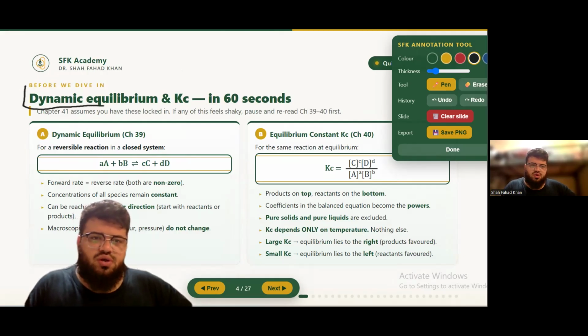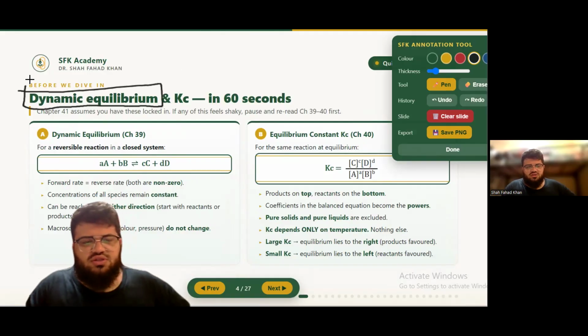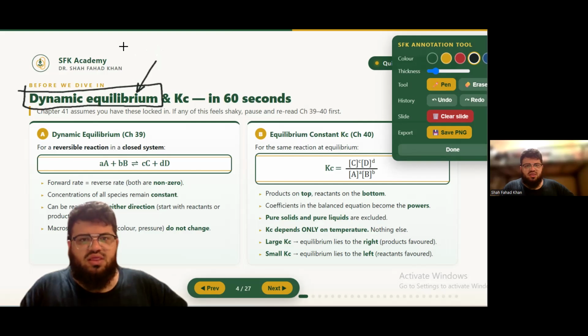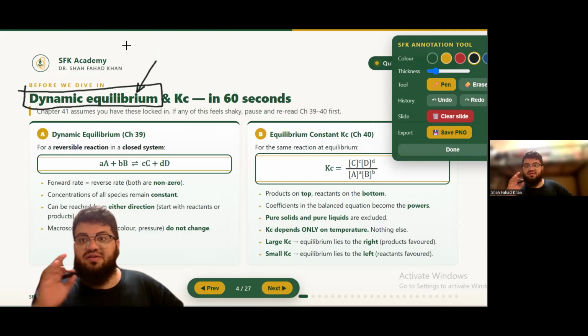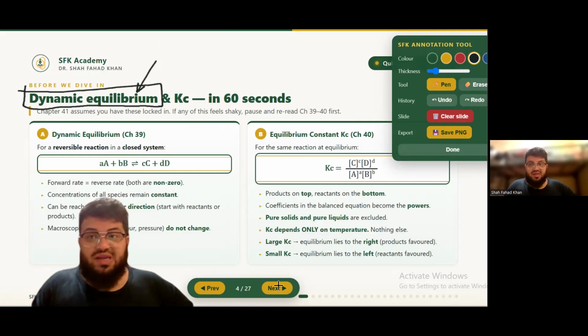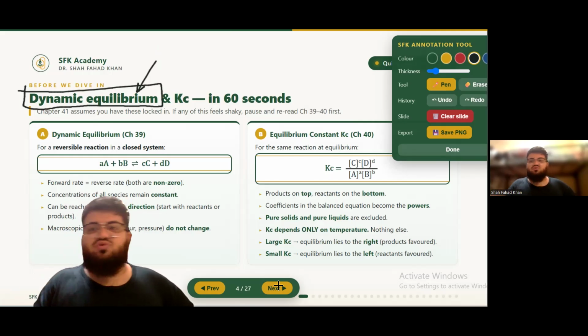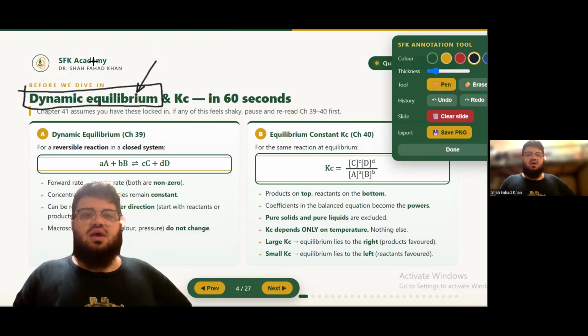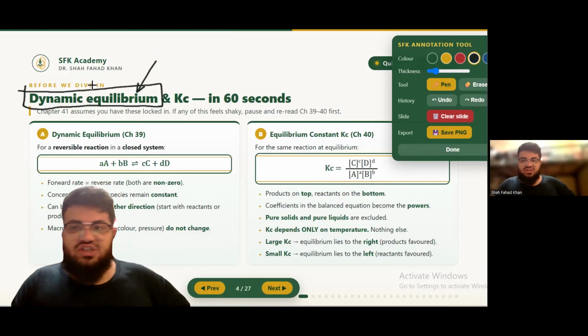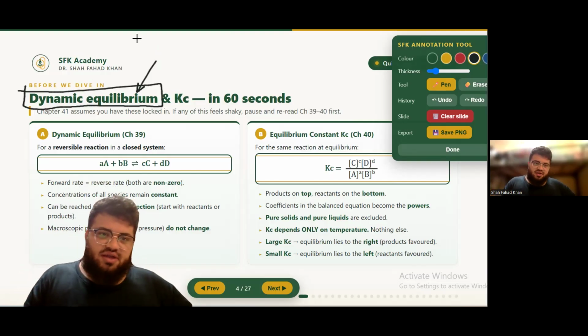All right, guys. So what is equilibrium? If you want to define equilibrium, it means that you have a reversible reaction, a reaction that can go in both directions, forward as well as backwards. You might have seen irreversible reactions, right?